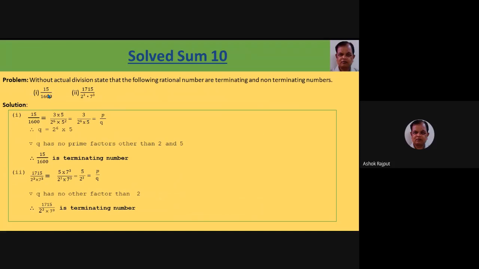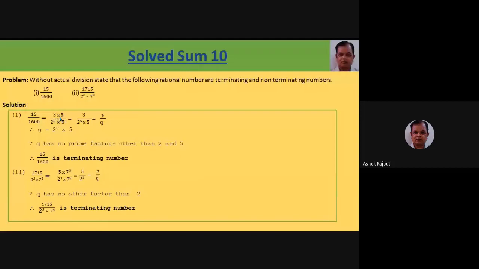First one is written as 15 by 1600, and the next is 1715 by 2 raised to the power 3 into 7 raised to the power 3. So first we have 15 by 1600, then we factorize it and change it into simplest form.